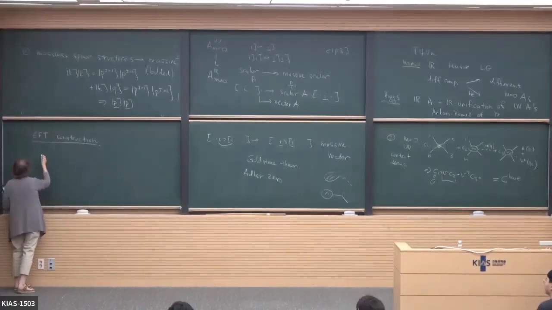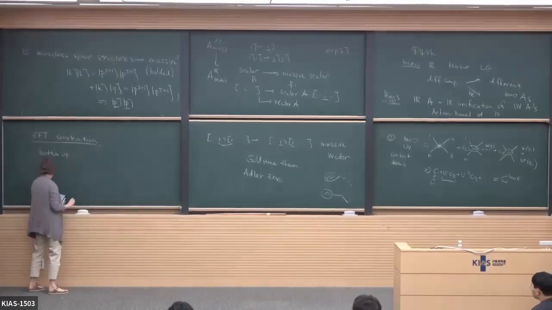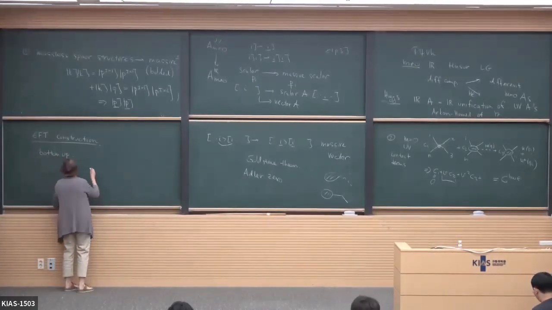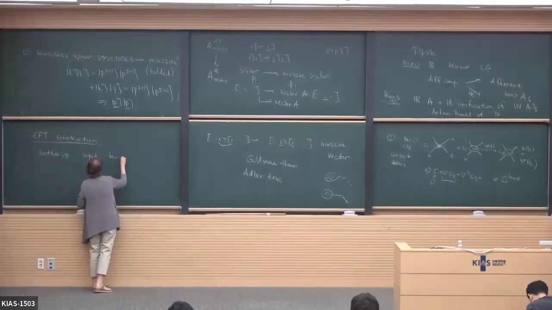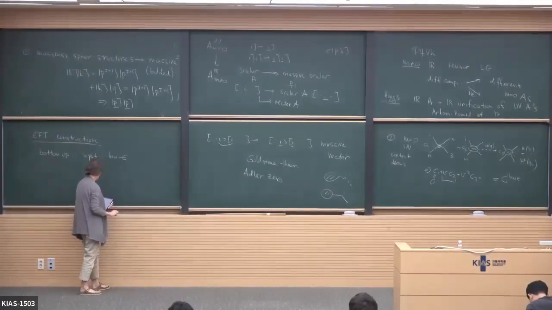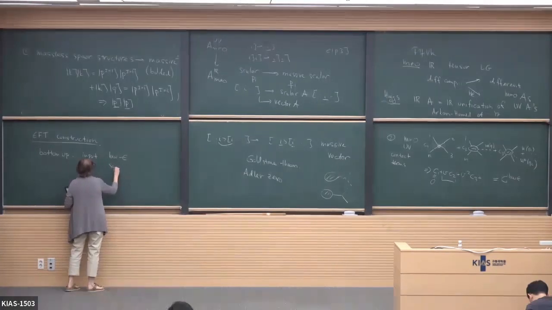So here you can take a bottom-up approach and say the following thing. What's our input? The input is the fields that we have at low energies. The input is also the symmetries.